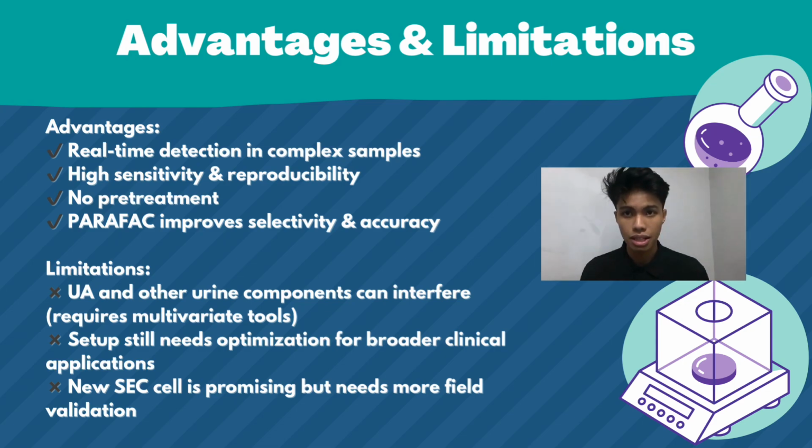The custom cell also adds convenience and consistency. However, some limitations still exist. For example, uric acid and other urine components can interfere, so you still need multivariate tools like PARAFAC. The method also needs further validation before clinical use.